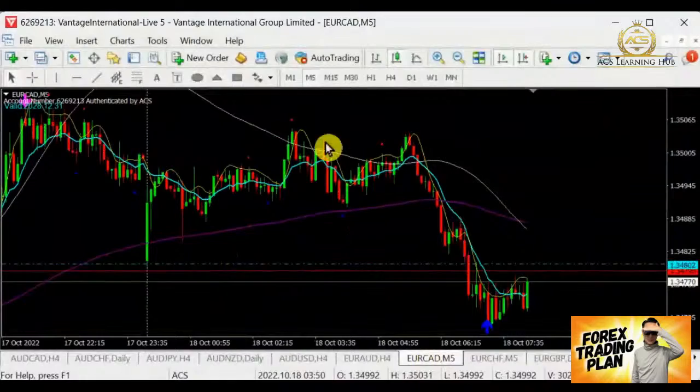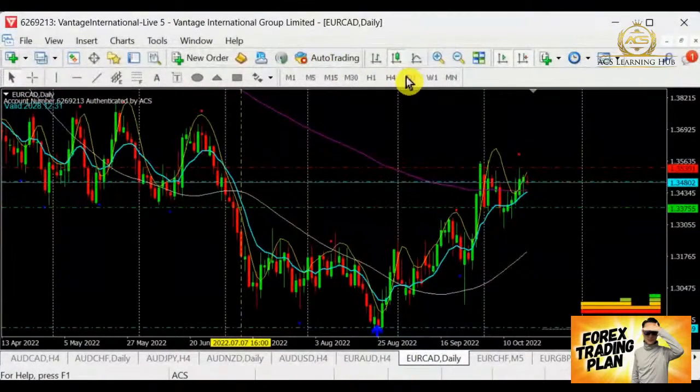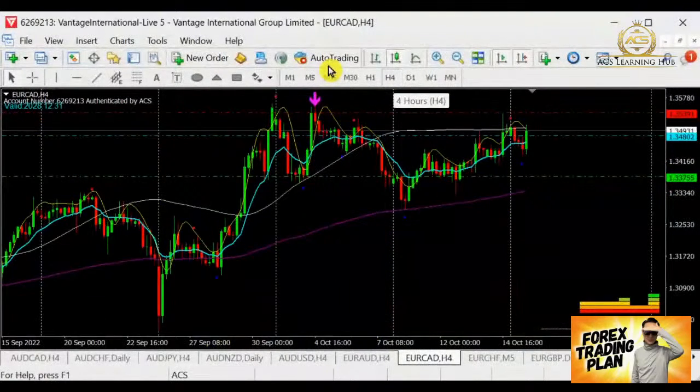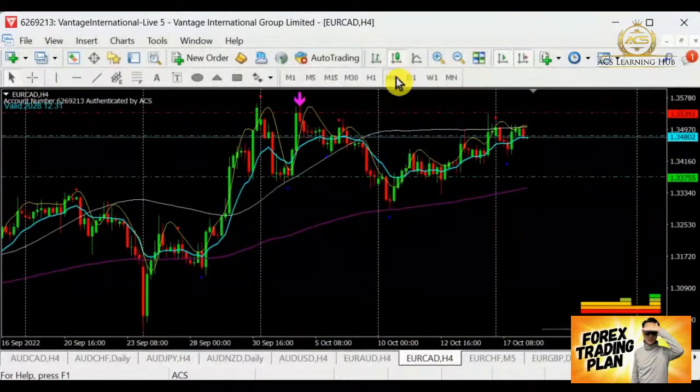All right. For EuroCAD, we are in the bull, still running nicely, and today it looks like there will be a pullback as well. With this pullback here, this shall be something that we are going to look out for.